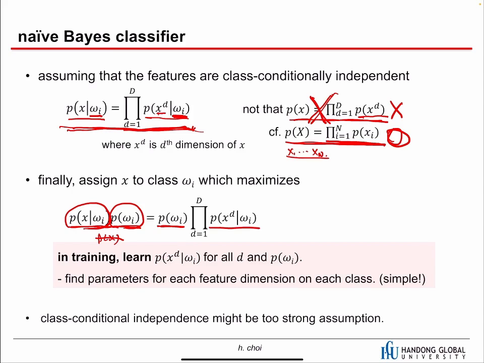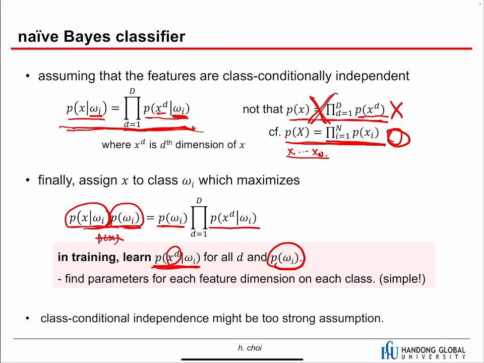Then in training, what should we do? We have to learn this probability distribution for all dimensions, and this one. And this one can be simple, just count the number of samples in each class. That's simple. And what about this one? We are talking about just one scalar, and you can use a Gaussian distribution if you want.